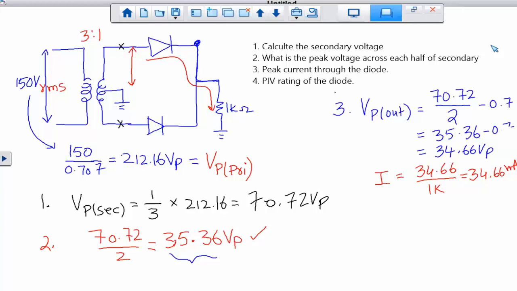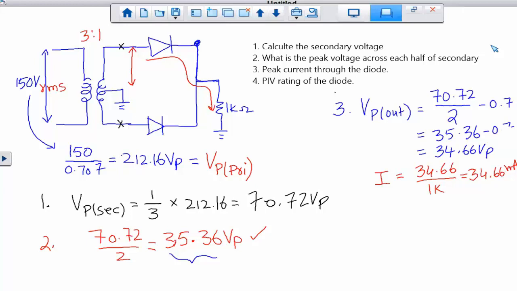So that's why you take away 0.7 only. Because in this circuit it's always like that, but if you look at the bridge, which is coming next, then you will get 1.4 where two diodes are conducting rather than one diode.